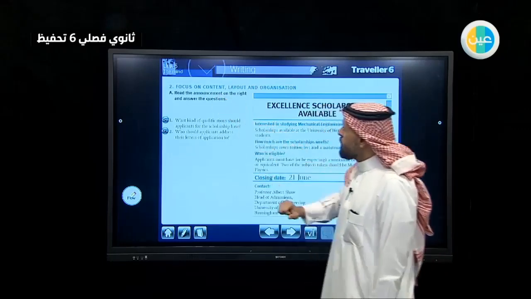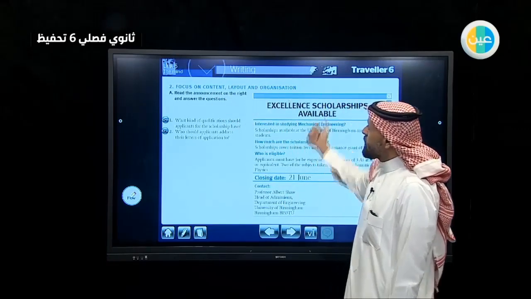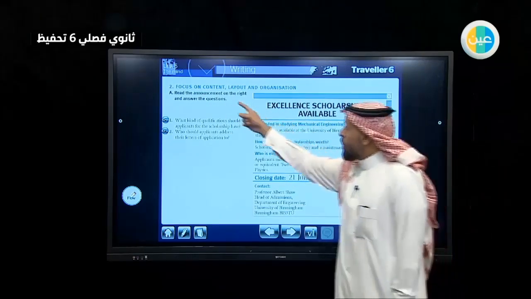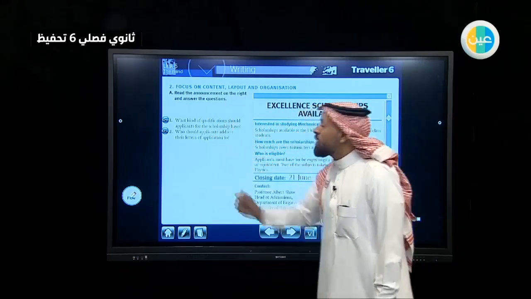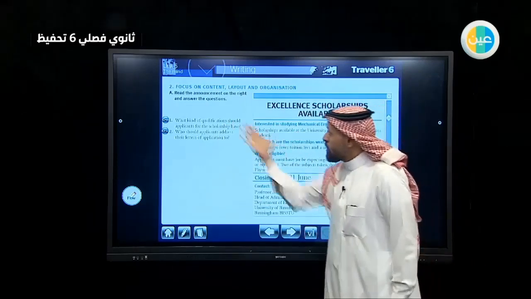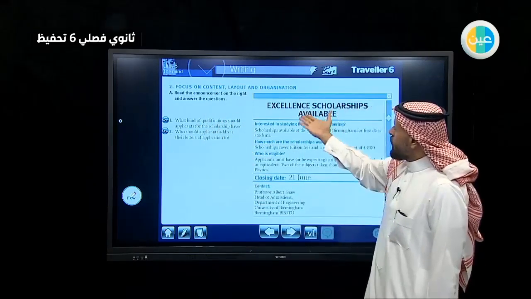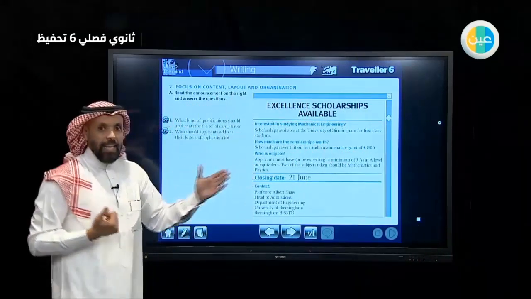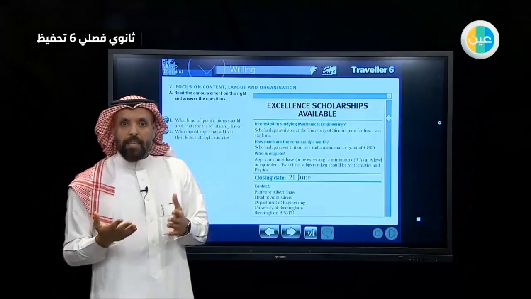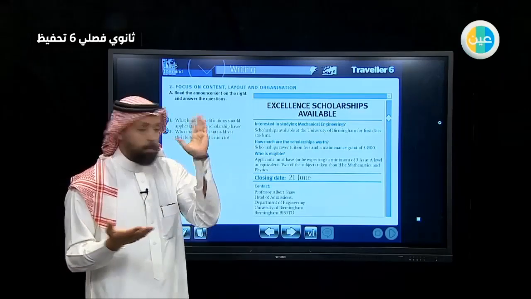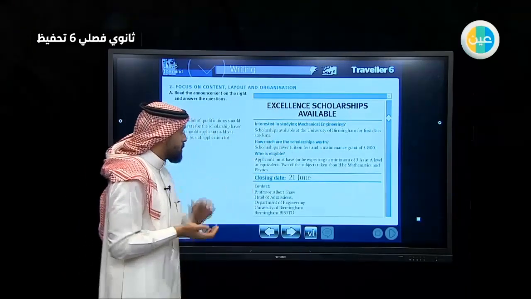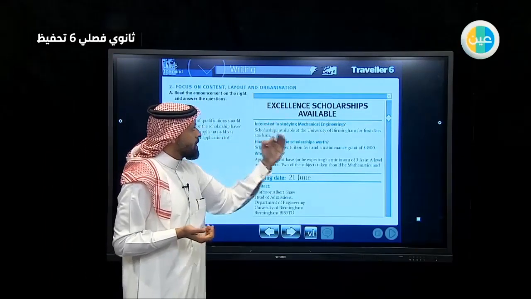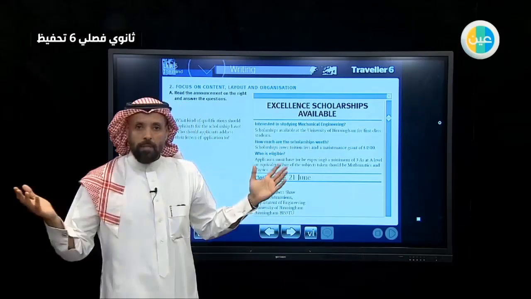Focus on content, layout, and organization. Read the announcement on the right, and answer the questions. What are the questions here? We have here an announcement, and your letter of application will depend on this announcement. The announcement says, excellent scholarships available.